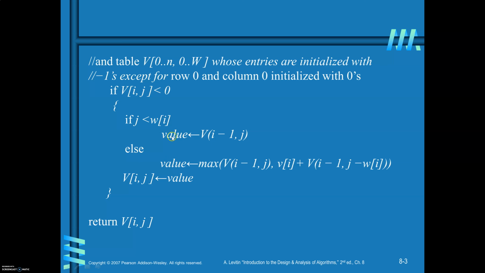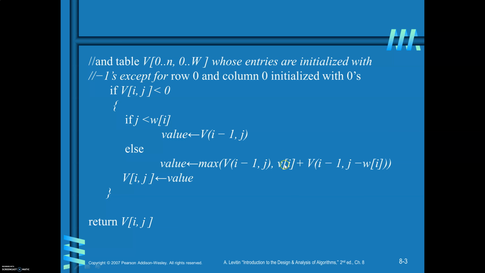Otherwise, that means if you are able to accommodate the ith item into the sack, look at whichever is maximizing the value, whether by accommodating the ith item into the sack or without accommodating. Without accommodating the ith item means V(i-1, j).